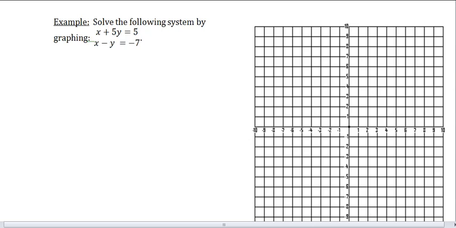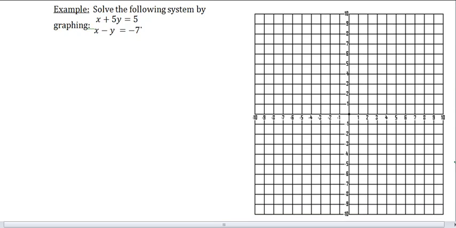You can graph by plotting points, by using the slope and the y-intercept, or by using the x- and y-intercepts. As long as you can find two points that the line goes through, draw your line, and you can draw the lines in the system. Where those lines intersect is where our solution is going to be. Let's look at this example.